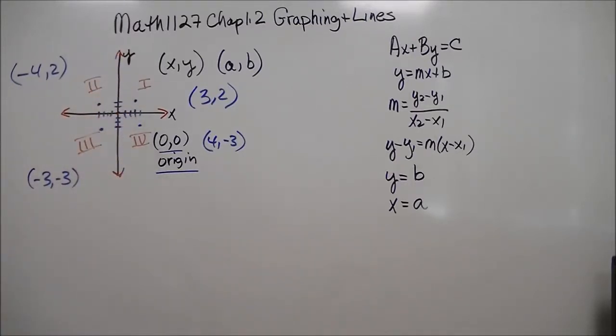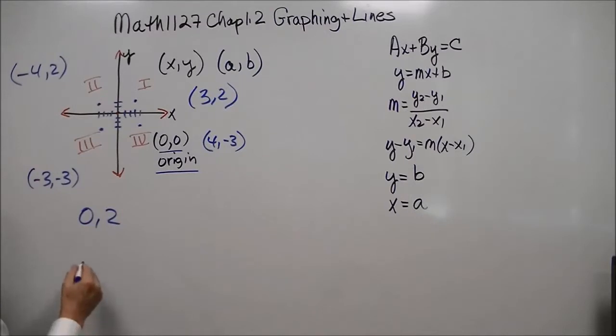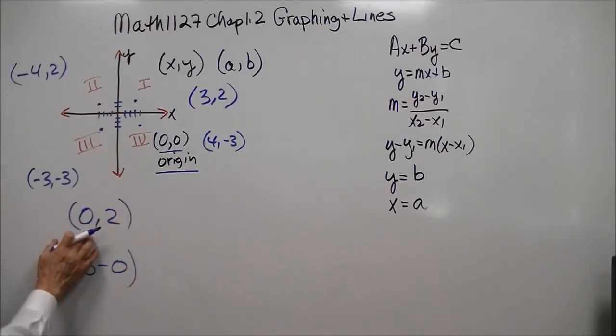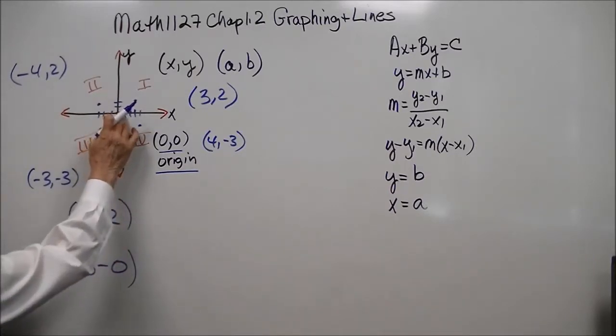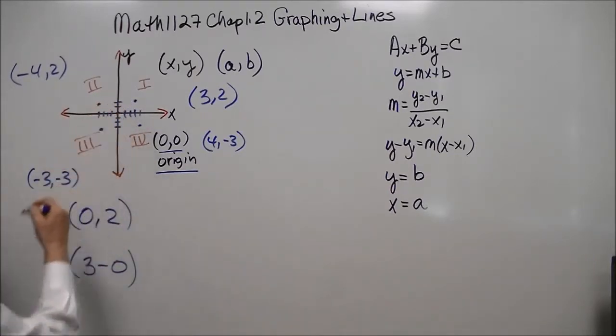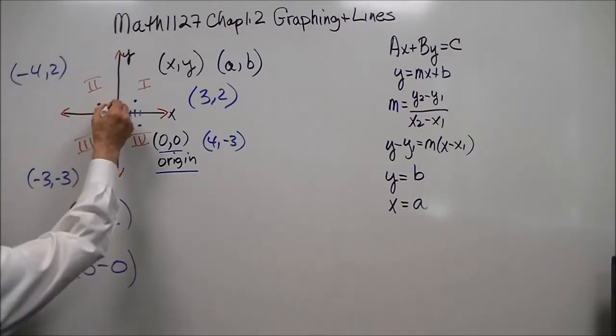Now, some other points that you might find would be 0, 2, and a 3, 0. Now on this one, 0, 2, we stay at the origin and we just go up 2, and that would be this point right here.